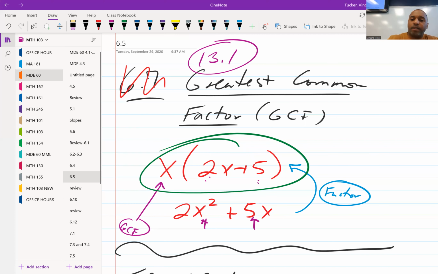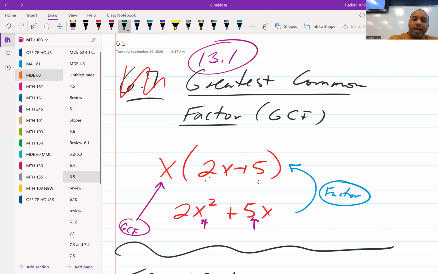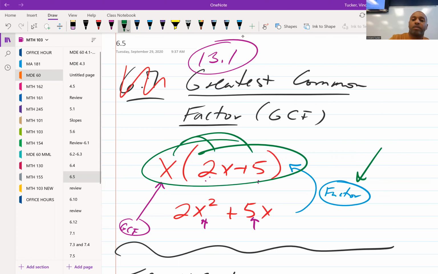What we did last chapter is that we multiplied this back out, I mean, multiplied that into the parentheses. So x times 2x is 2x squared. x times 5 is 5x. Now, factoring is taking that and reversing the process. It's the reversal of the multiplication process, so you're undoing the multiplication. And so you would take that 2x squared plus 5x and take the x out of each term, and you will have this.